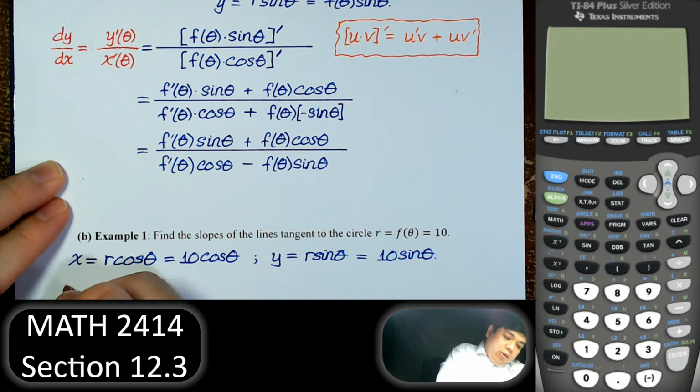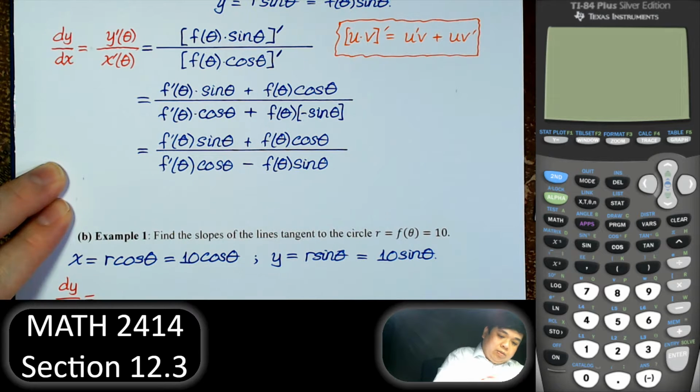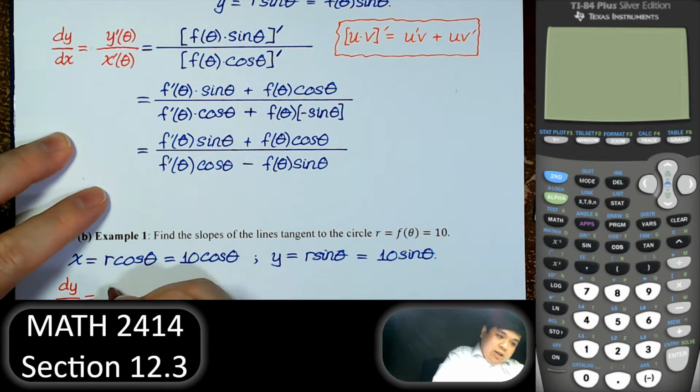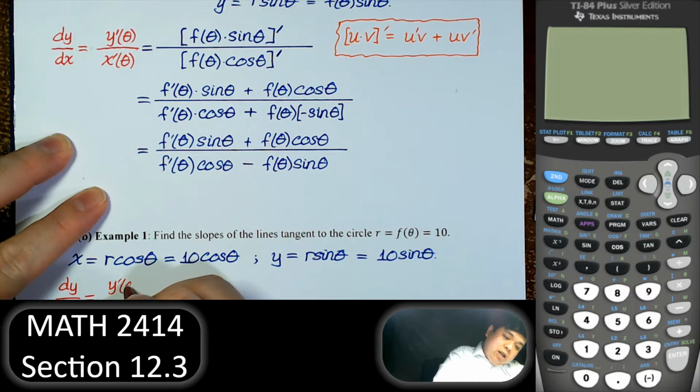And then we have dy over dx, which is the derivative of y with respect to theta over the derivative of x with respect to theta.